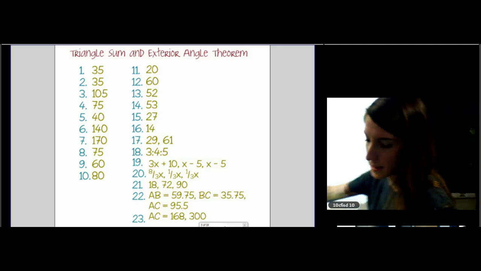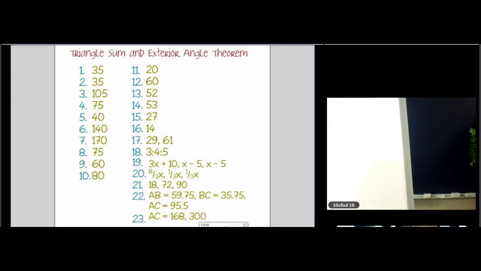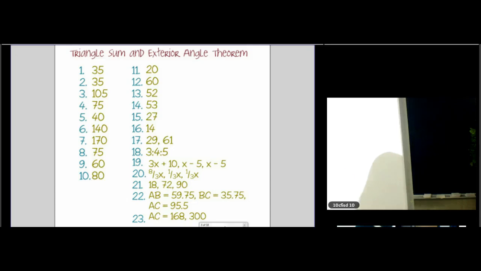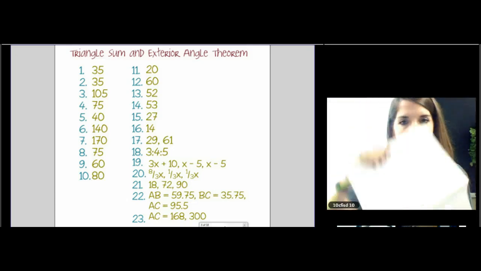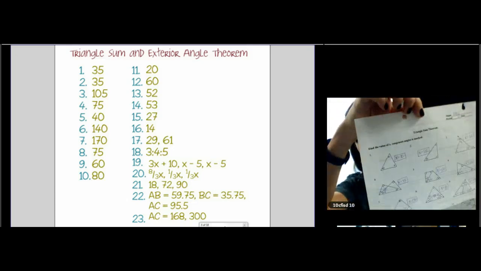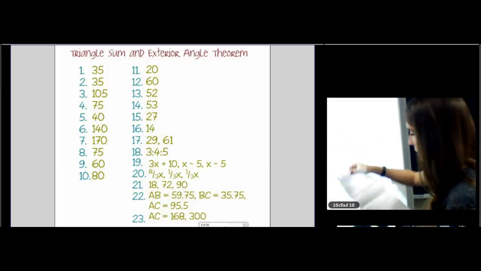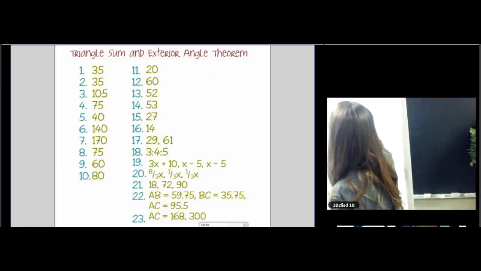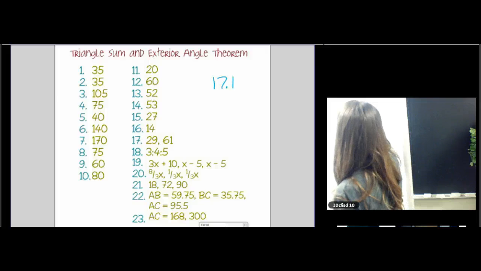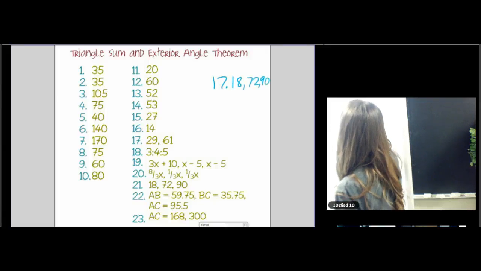So this is last night's homework. But on the triangle sum theorem homework, number 17, there's a correction. Number 17, the answer was 18, 72, 90.